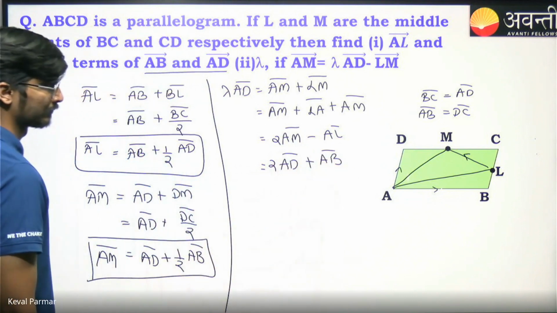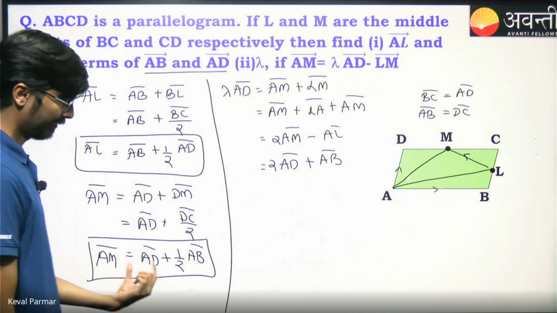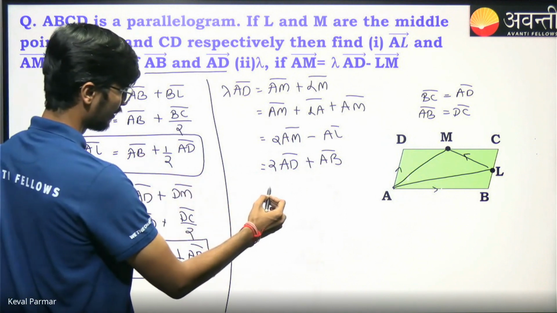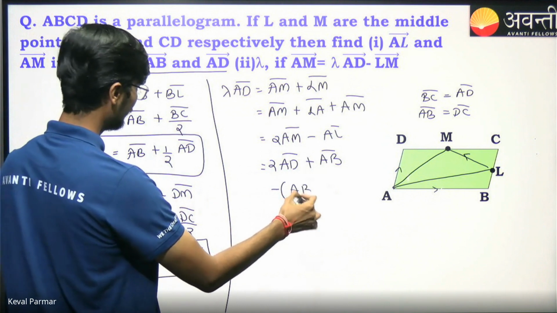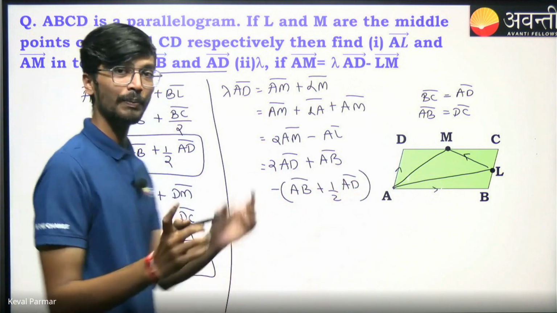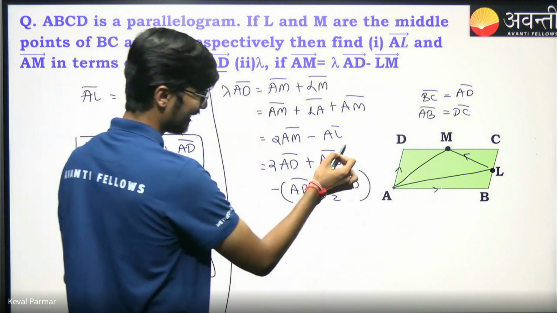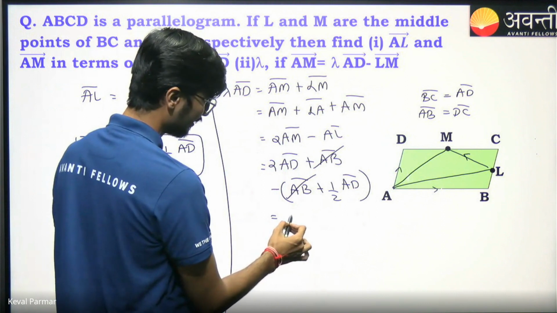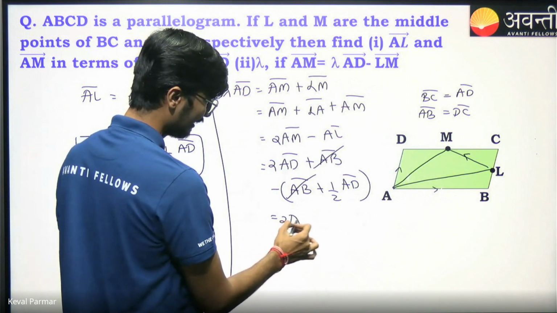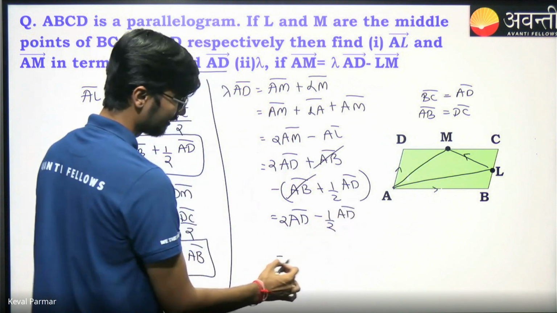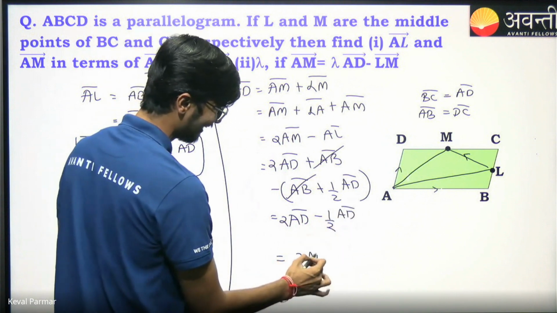Correct? I'll multiply 2 with this. What is AL bar? AL bar is AB bar plus half AD bar, so minus AL bar. If I open the brackets, this AB bar minus AB bar will get cancelled. What I'll be left with is 2 AD bar minus half AD bar. So this is 3 by 2 AD bar.